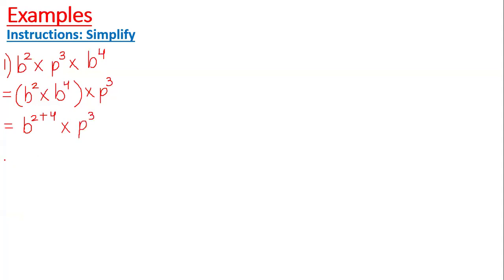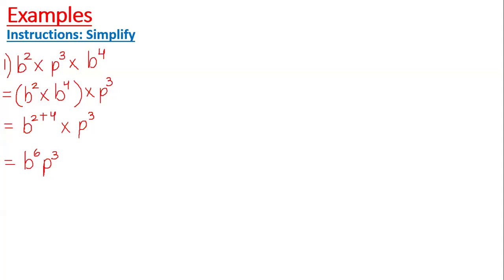And it's going to be equal to B to the power of 2 plus 4, which is 6, and P to the power of 3. Does that make sense to y'all?